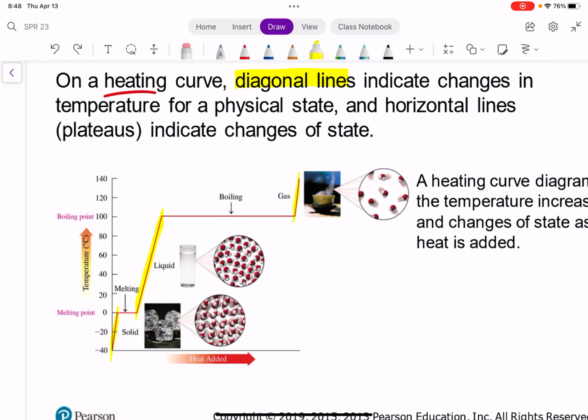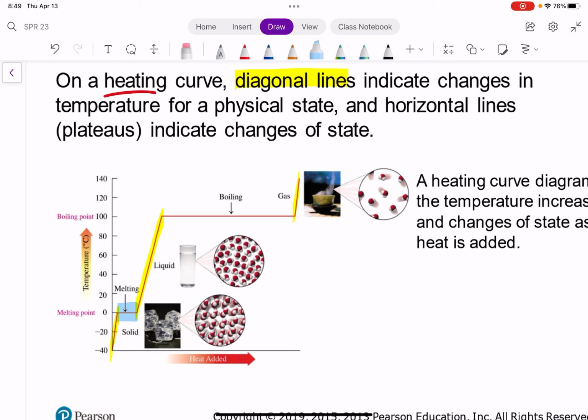So that plateau here is when your ice is turning from solid to liquid, okay? And there's actually no change in temperature there. It's kind of weird. You're still adding heat, but the temperature is not actually changing.